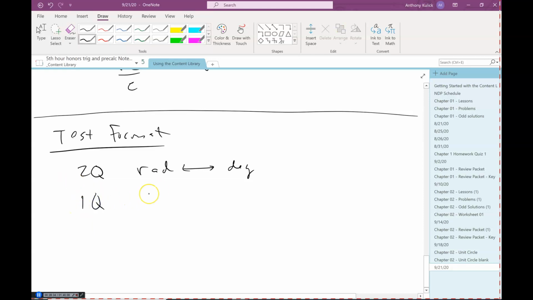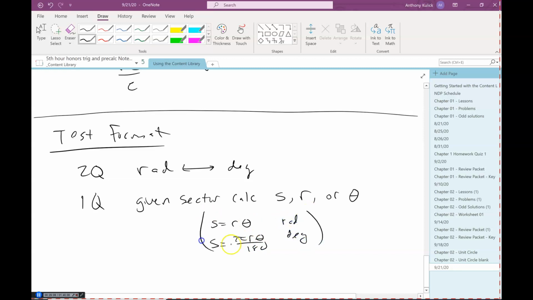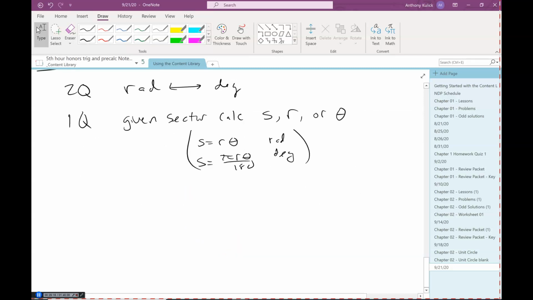So you have one question where, given a sector, you calculate the arc length, radius, or angle. I'm not going to tell you which one I'd be looking for. So I'll give you 2 of the 3, and you have to find the third. In order to do that, what do you need? Yeah, you need the arc length formula. So there's 2 versions depending on whether you're working in radians or degrees. You would also need to have that memorized.